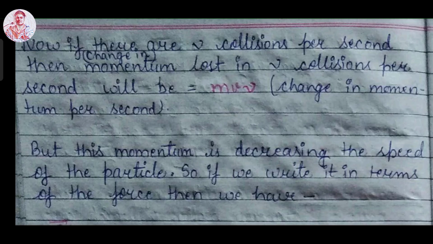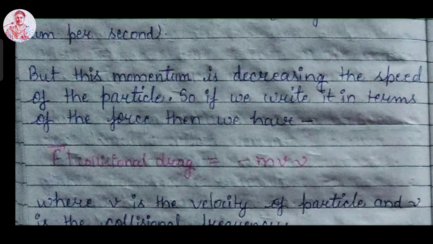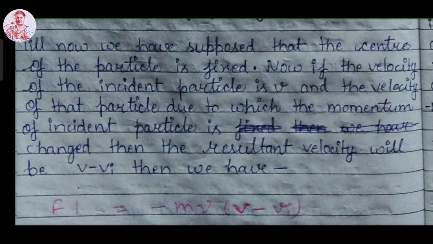Now, if there are nu collisions per second, then the momentum loss in nu collisions is given by mv times nu. But this momentum loss is decreasing the speed of the particle. So we can write in terms of force, F collisional drag is equal to minus m v nu, where nu is the collisional frequency. Till now we have supposed that the centers of the particles are fixed.